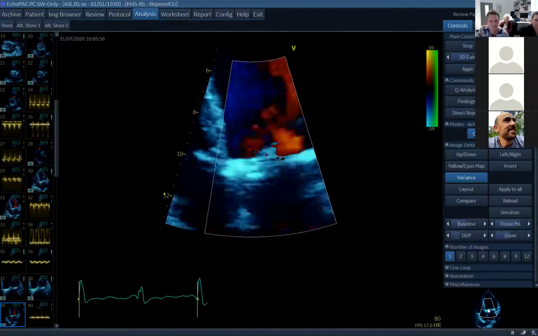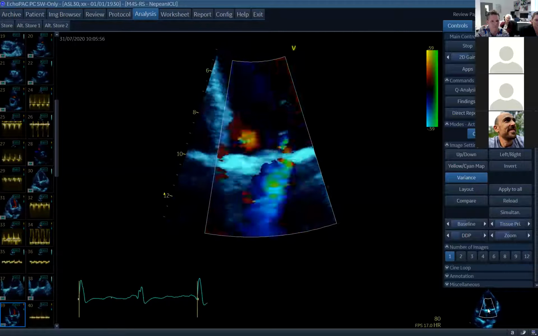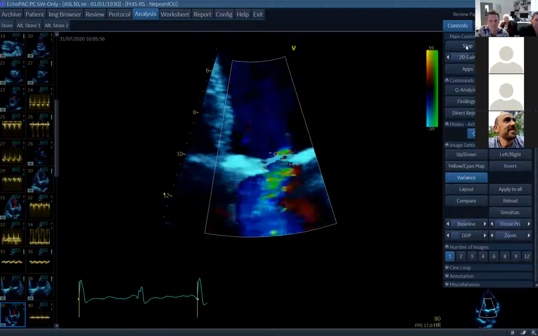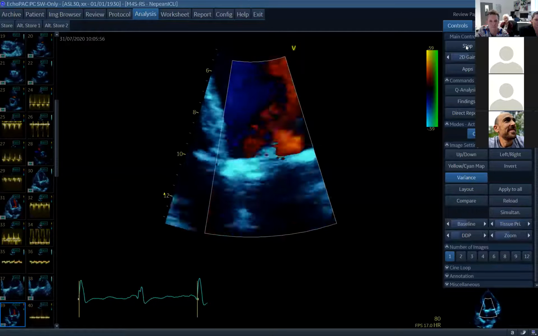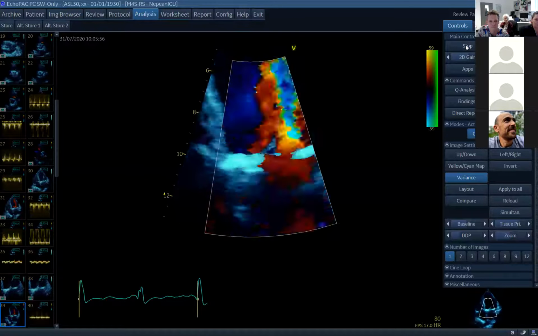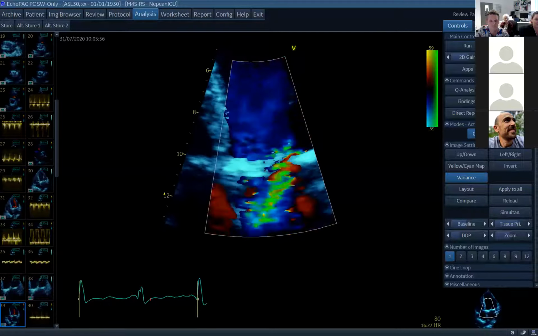So there's quite an extensive jet. There's evidence of flow convergence, and without panning through the valve to get a best idea of the vena contracta, it looks like it's going to be significant. So I would say at least moderate, possibly severe.